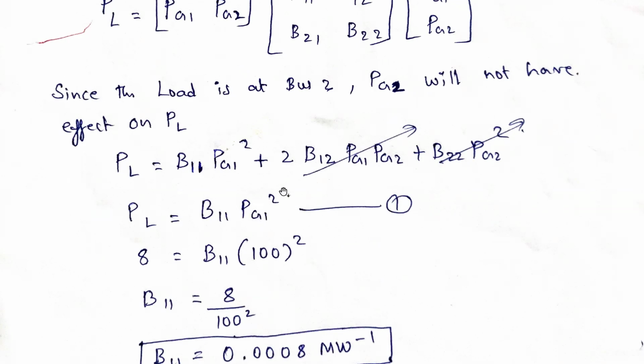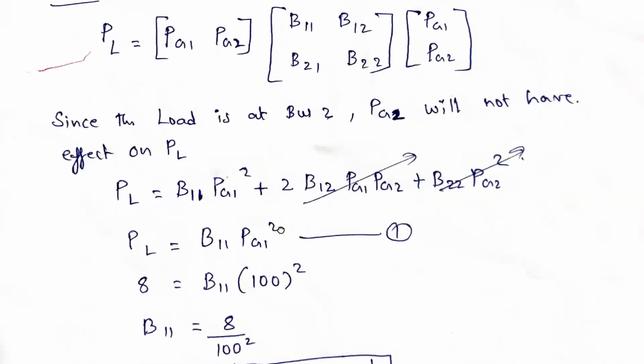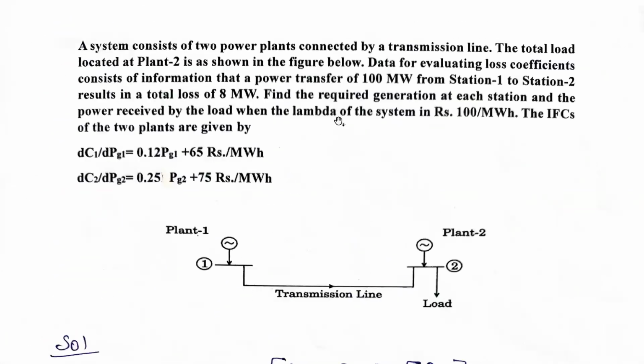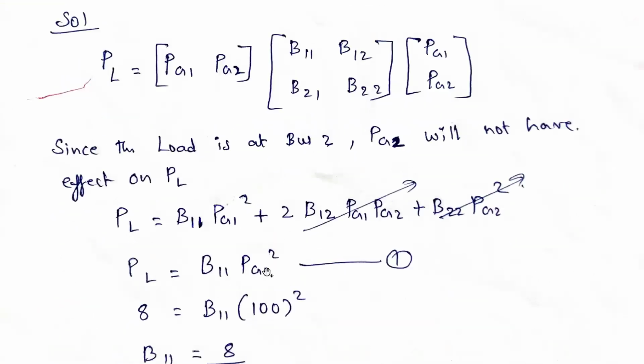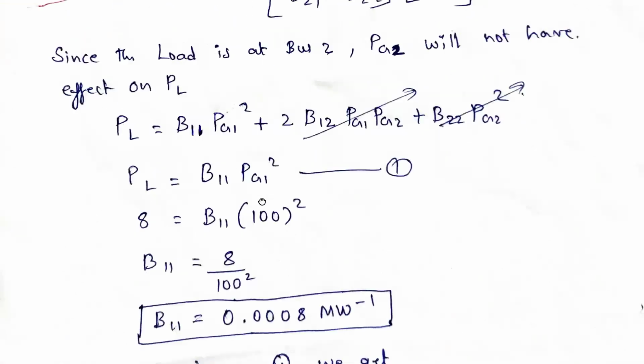Now substitute PG1 equal to 100 megawatt, because the data is given in the problem itself: power transfer of 100 megawatt from station 1 to station 2. So PG1 we take as 100 megawatt for calculating the loss coefficient.